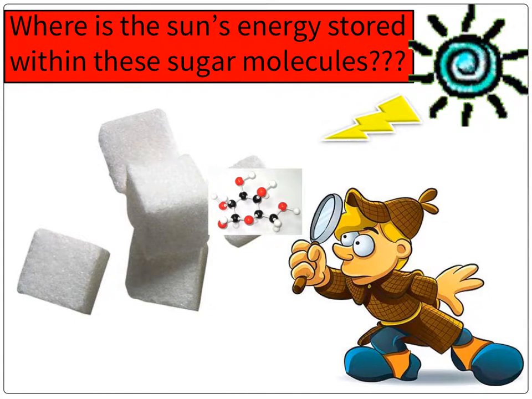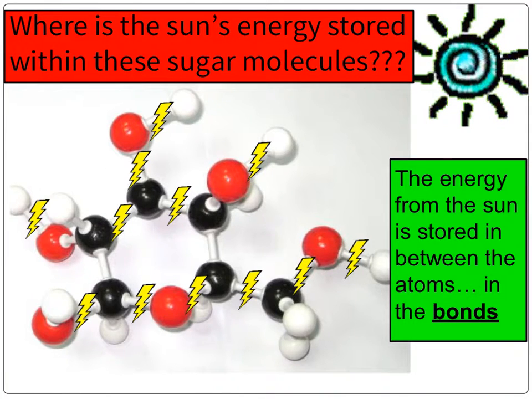Something else you might be asking yourself is, where is the sun's energy stored within these sugar molecules? Well, the energy from the sun is actually stored in between the atoms themselves in the bonds that have formed between the atoms. So the bonds are the things sticking the atoms together.